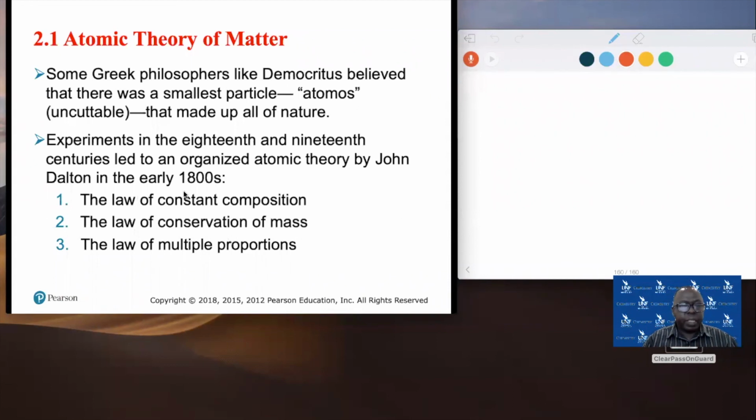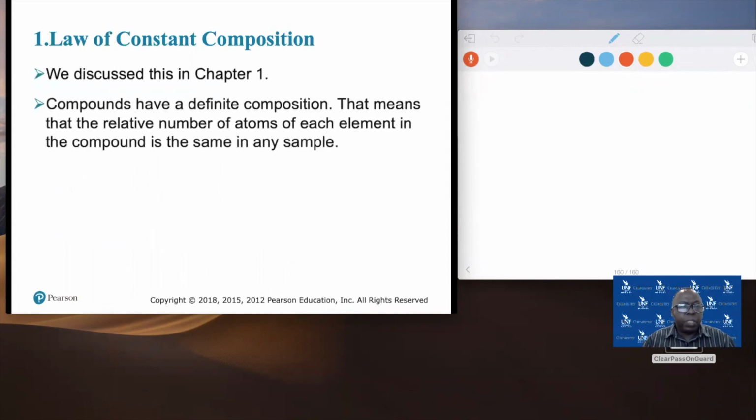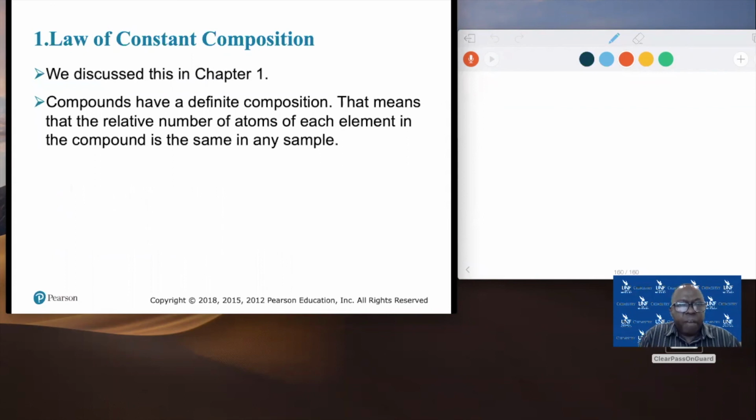I know in the text they explain it. You should be able to differentiate those laws. The law of constant composition says that compounds have definite composition. What does this mean? H2O will always be H2O. It has a definite composition, whether in Canada, Australia, or Mexico, because of the atoms.